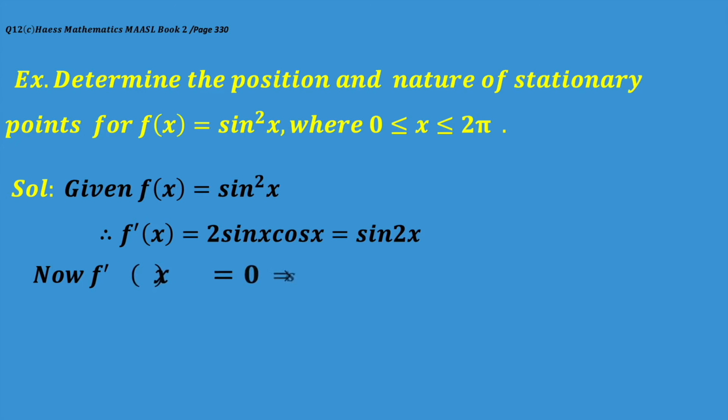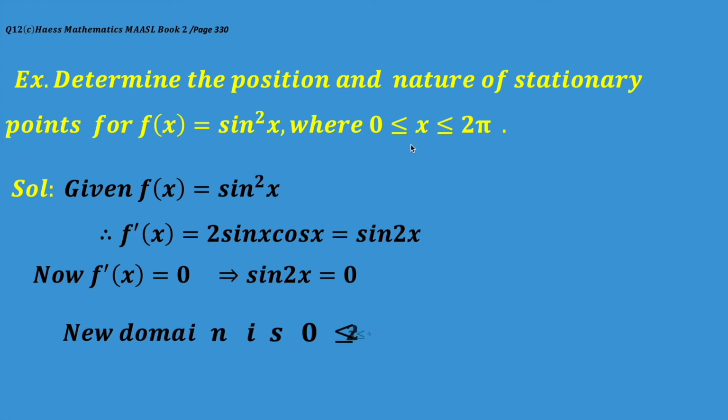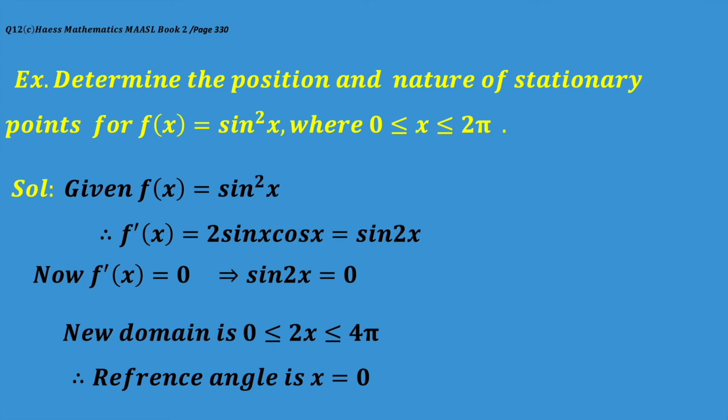So now equate the gradient to 0, so sin 2x is equal to 0, but we have the domain 0 to 2 pi. Here we have the double angle 2x, so we'll change the domain to a new domain, that is 0 to 4 pi. So the reference angle for this will be 0.